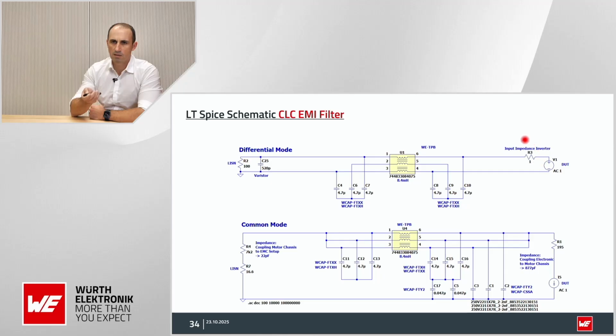And for the input impedance, we make a rough estimation of around 1 ohm, and we're using a low impedance voltage source. And for the common mode, we have the 16.6 ohm LISN impedance plus the impedance from the motor chassis to the EMC chamber, plus the impedance from the motor windings to the motor chassis.